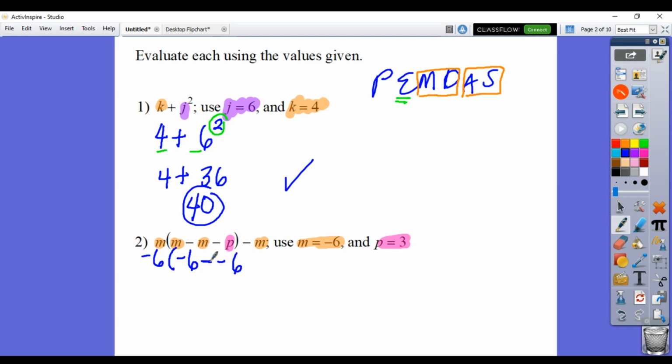If you notice, this first minus here is from here. The m is negative 6, so I have to write it negative 6 here. Minus p is 3, so I'll just put 3 here. Close, minus, because this is minus here. M is negative 6, so I'm going to put negative 6 again.